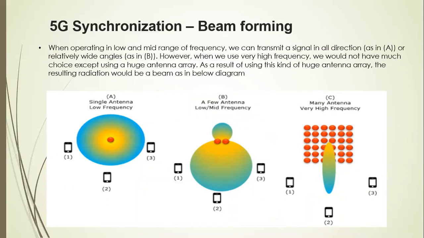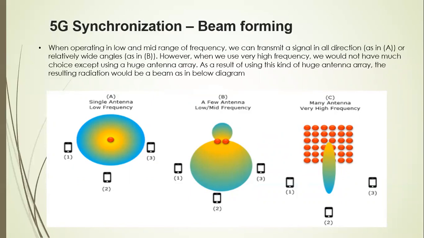So in case of 5G, what happens is, because 5G is going to be operated at a varied range of frequencies, starting from sub 3 gigahertz to 55 gigahertz, very high frequencies. The property of a radio wave is that if the frequency increases, the range of the wave decreases. That means it cannot propagate in wider angles. It will propagate only in narrow angles.